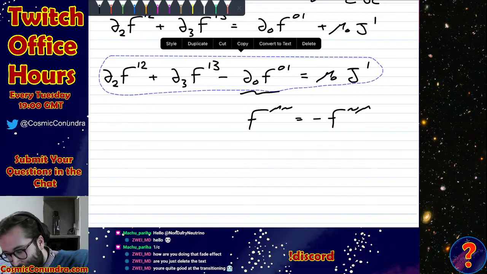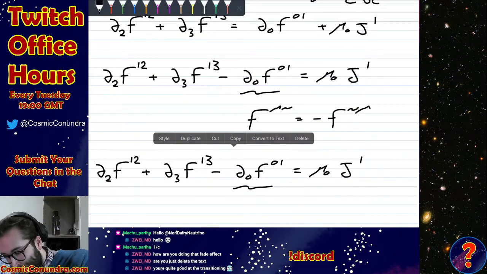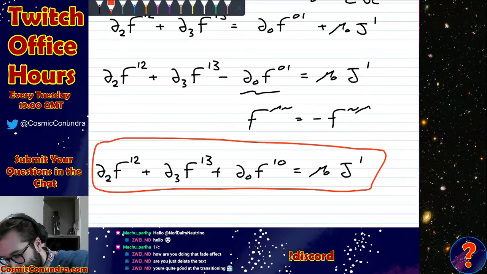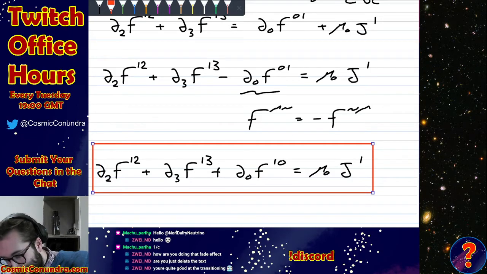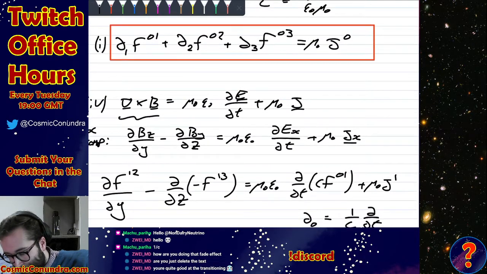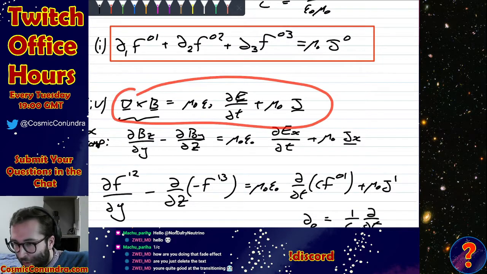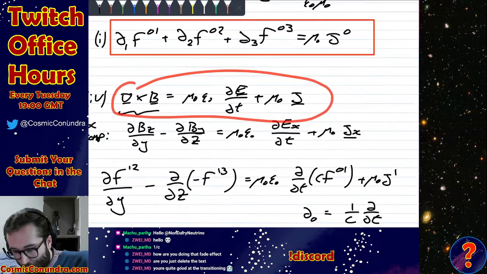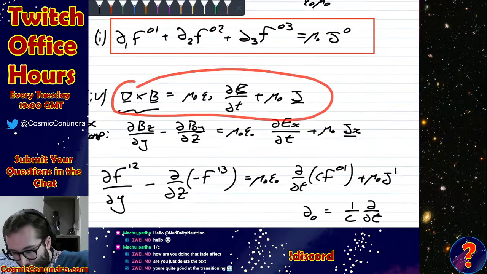And when I do that, I get this expression, where now I'm swapping 1 and 0. And now this is the expression for Maxwell's curl of B equation in terms of these covariant quantities, like the Faraday tensor and the 4-current.